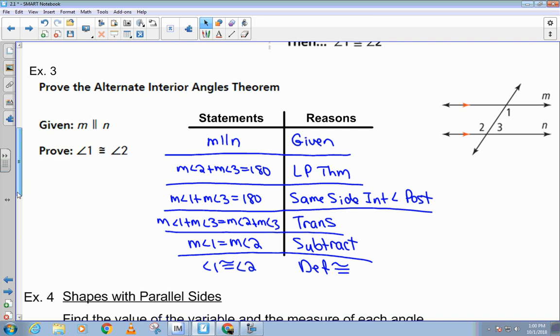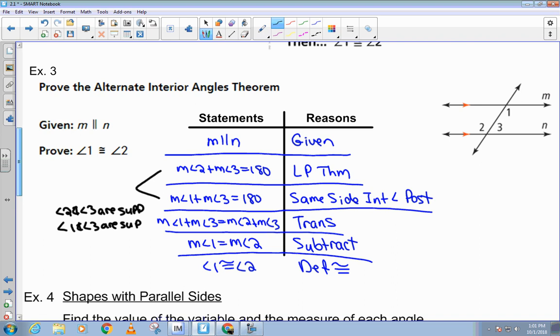Okay, so there was a question right here. Somebody said, well, could we have used the congruent supplement theorem? I didn't even think about it, but yes, you could, okay? Once you stated that these two were equal to 180, then your next step could have been angle 2 and angle 3 are supplementary, and angle 1 and angle 3 are supplementary.